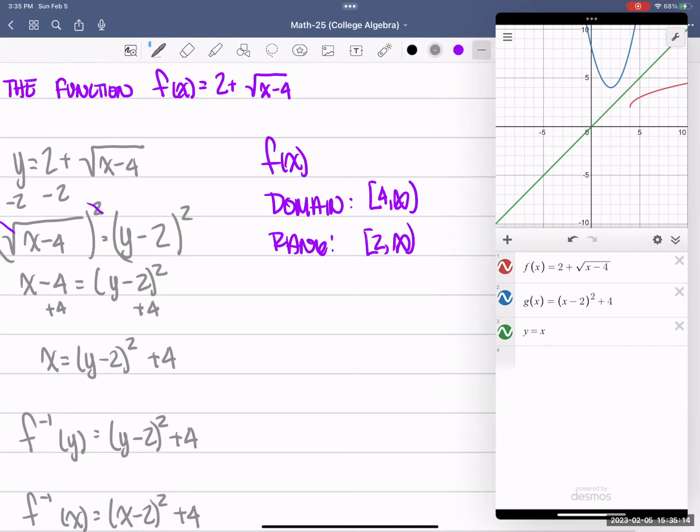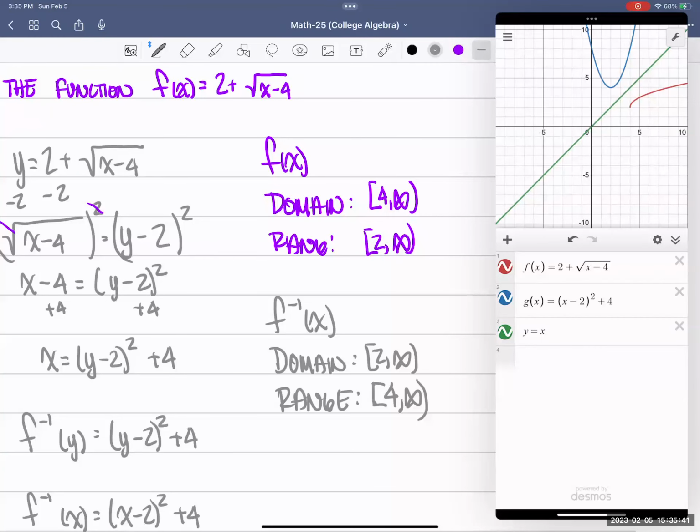Let's do f inverse of x. The domain should be the range of our original function. So the domain should be from 2 to infinity. The range goes from 4 to infinity.